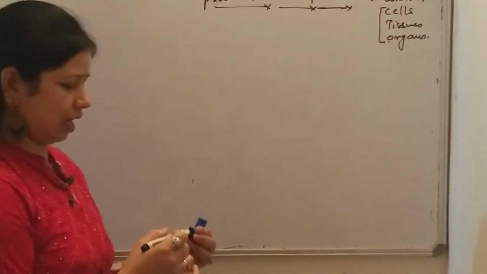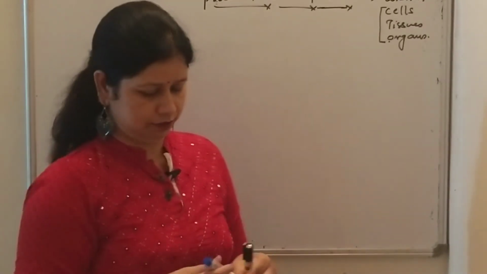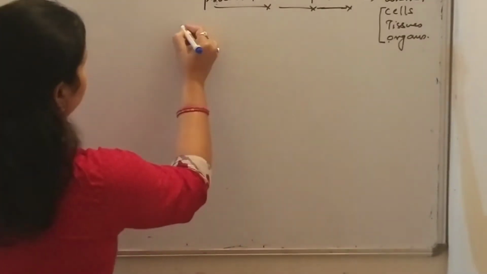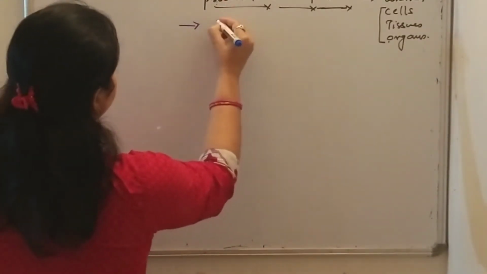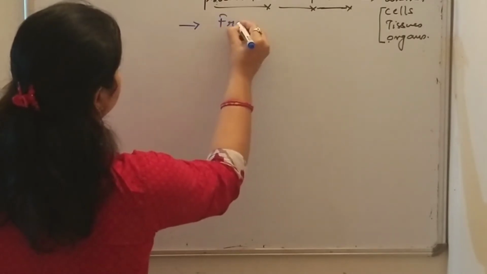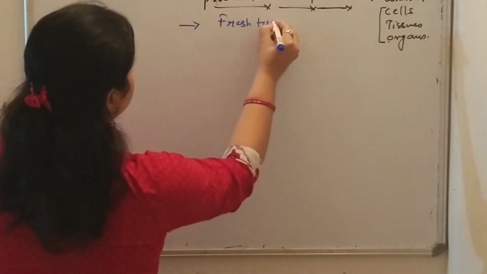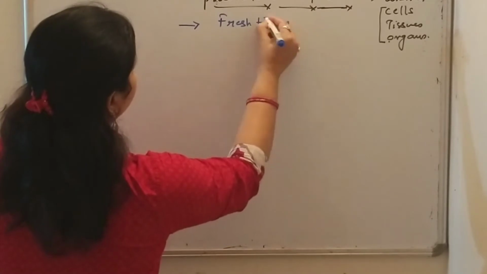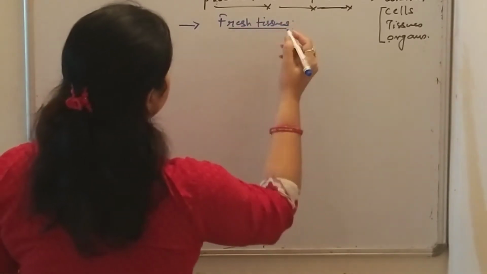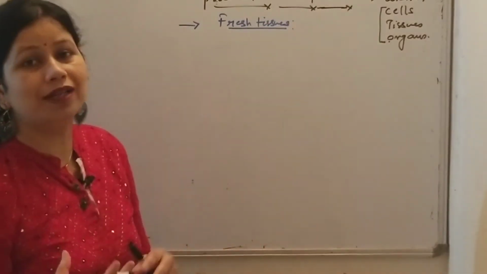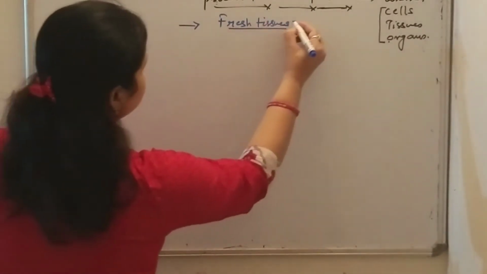Primary cell cultures are prepared from fresh tissues. What we do is pieces of fresh tissues from the organ are taken.